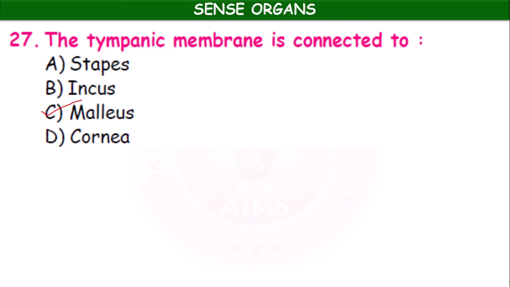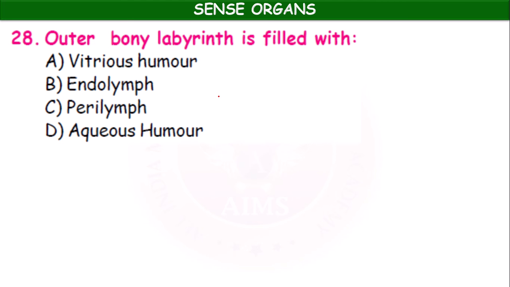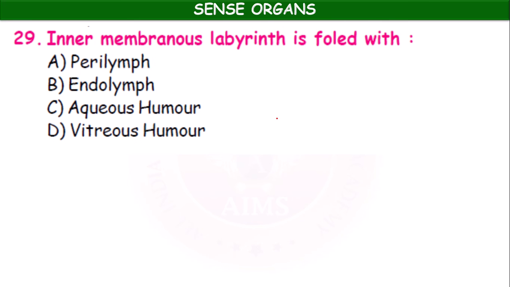Next, the outer bony labyrinth is filled with vitreous humour, endolymph, perilymph, aqueous humour. It is the perilymph. The inner membranous labyrinth is filled with perilymph, endolymph, aqueous humour, vitreous humour. It is endolymph.